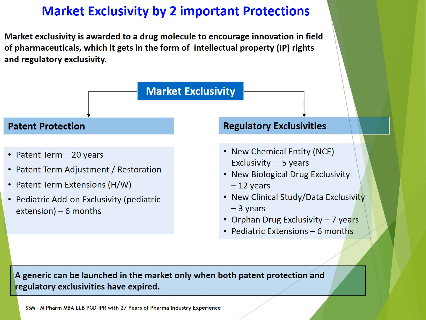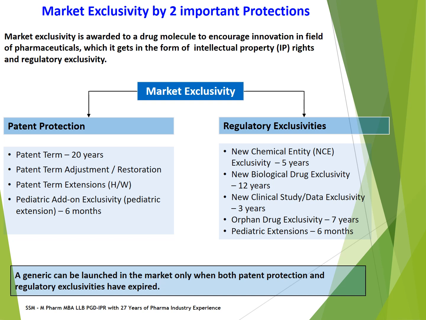Next is new biological drug exclusivity, which is for 12 years. So if it is a chemical drug which is approved for the first time in US, then exclusivity is for 5 years. If it is a biological drug which is approved for the first time in US, then exclusivity is for 12 years, because biological drugs are very different from chemical drugs. Their development is very difficult.